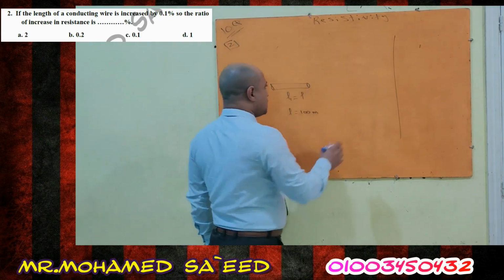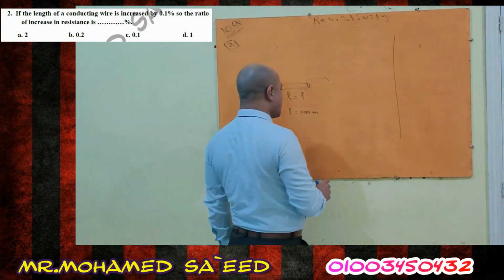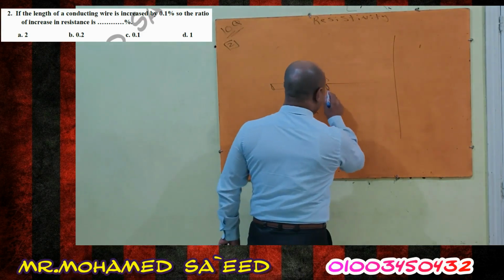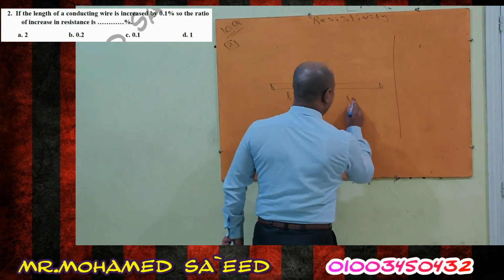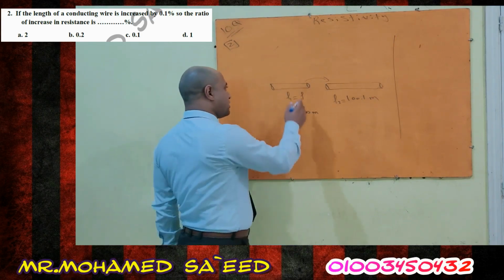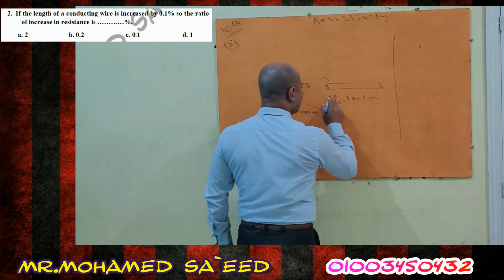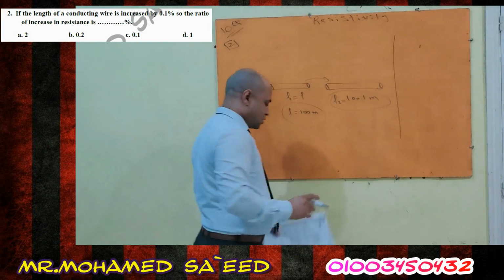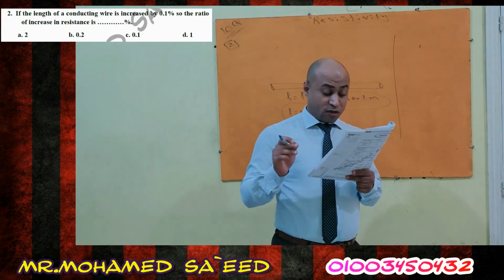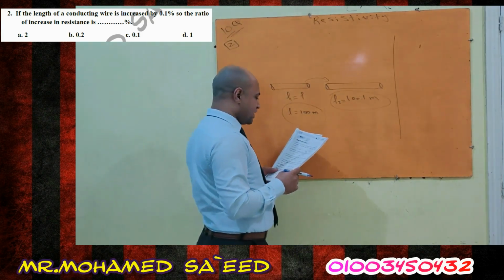So its length increased by 0.1%, which means that if its length is 100 meters, the new length becomes 100.1 meter, L2. We suppose that the length of the first wire is 100, the length of the second wire equals 100.1, because the question says that the length of the conducting wire is increased by 0.1%.